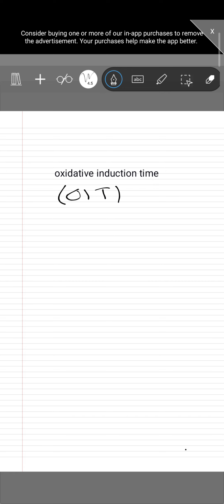What OIT actually is, is that when you are applying some sort of heat to the material, you provide an inert nitrogen gas, where the material, by absorbing the heat, starts to melt.